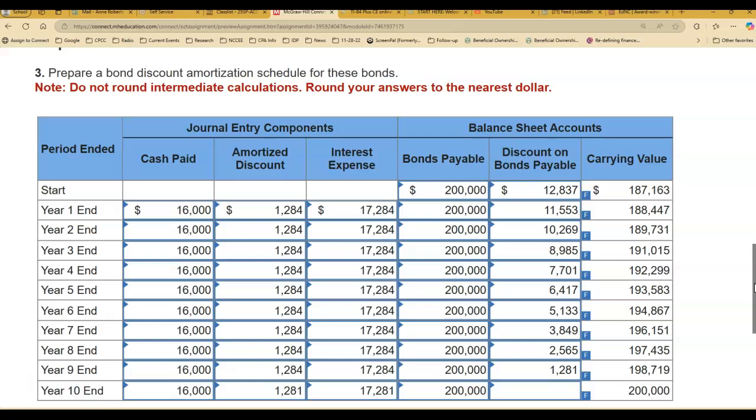If we were dealing with a premium, carrying value would start high, and as we allocate that premium, the carrying value drops down to the face value. There's a really nice visual in your textbook and in those PowerPoint slides that show you what's happening there.